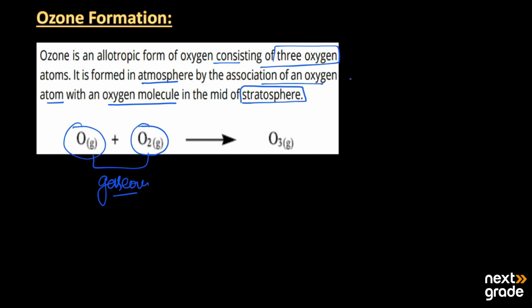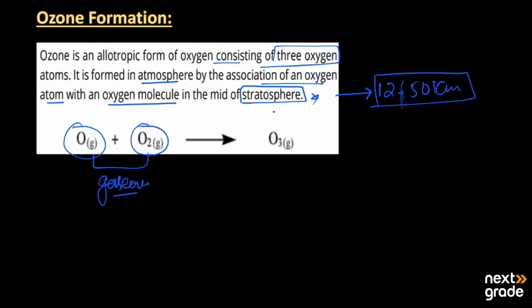If we have a simple look at the stratosphere, it extends almost from 12 to 50 kilometers above the troposphere, and ozone is present in the middle of the stratosphere, which is the second layer of the atmosphere.